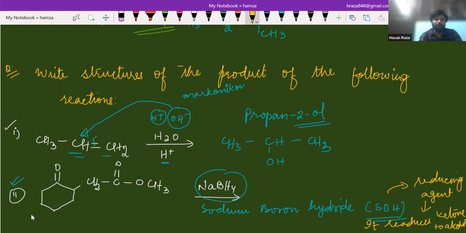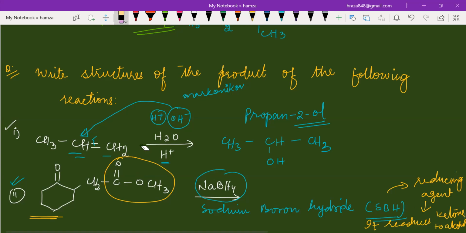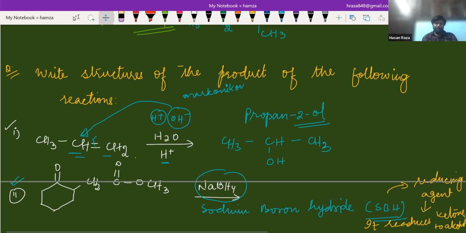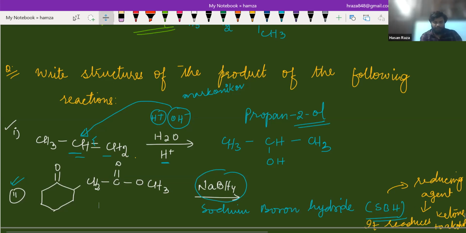Just find where is the ketone. Is this the ketone? Nafisa, can you recognize? Yes, sir. Anyone of you? How many functional groups are present in this compound? The second compound. Fawaz, Sneha, Hamza, Nafisa.